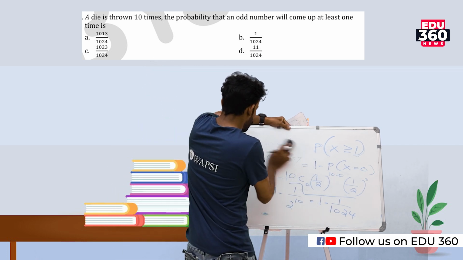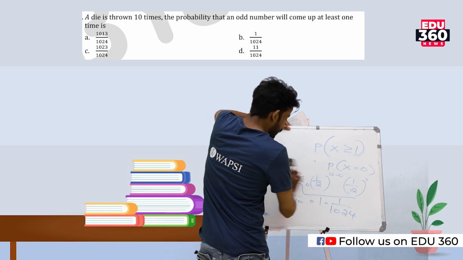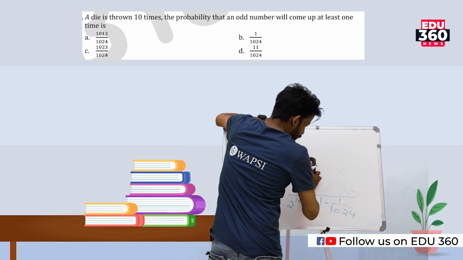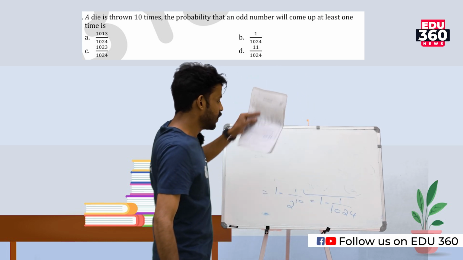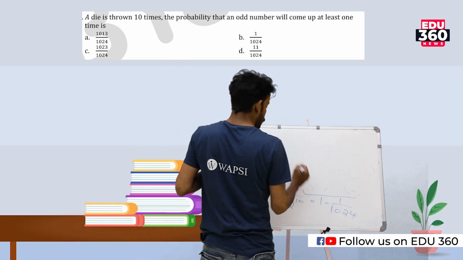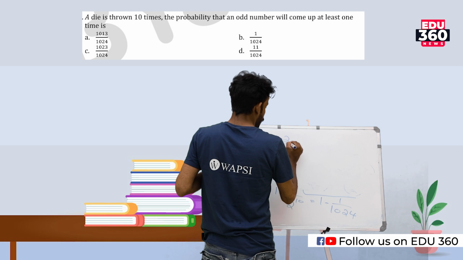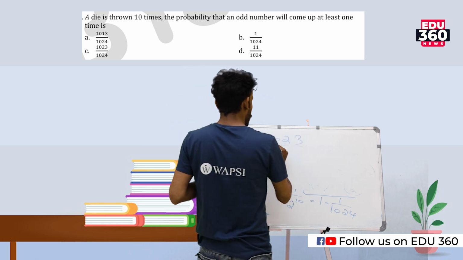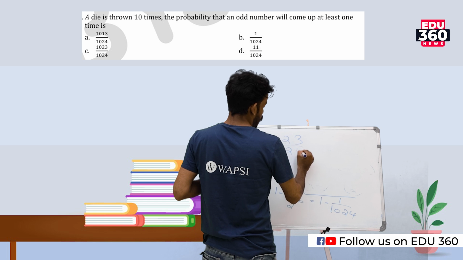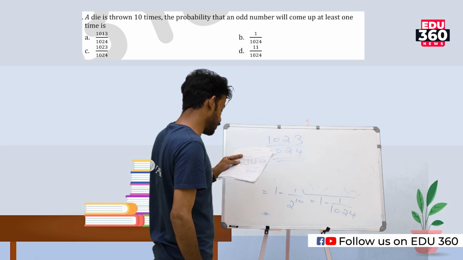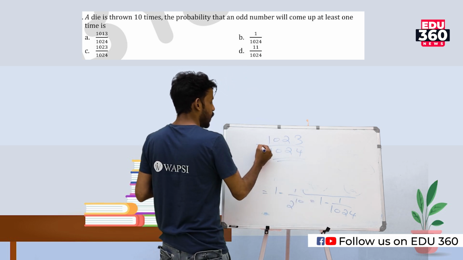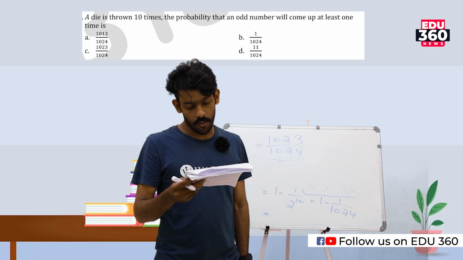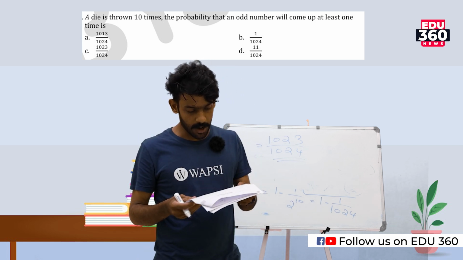On cross multiplying, 1024 minus 1 divided by 1024, so that is equal to 1023 divided by 1024. 1023 by 1024 will be the required probability.